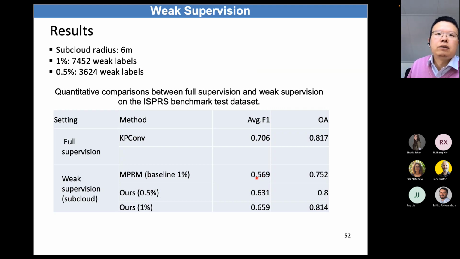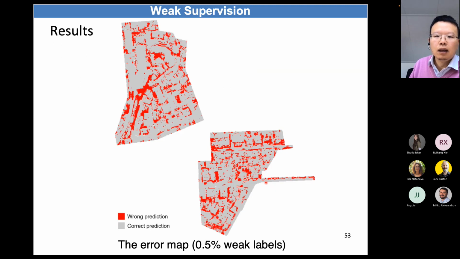With our method, we push on the overlap, and we can get to 63%. This is only with 0.5% of the weak labels. If you're using 1% of the weak labels, it pushes a bit further to almost 66% F1 score.